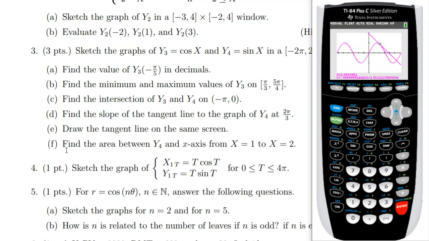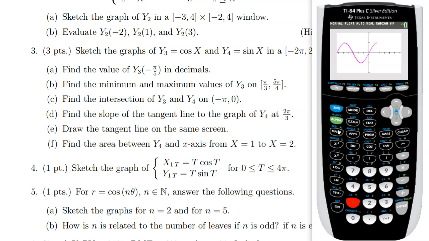Last one. We want to find the area between y4 and the x-axis from x equals 1 to 2. We can get rid of this tangent by going to draw again and then clear draw, so choose 1. That way you have a clean picture.